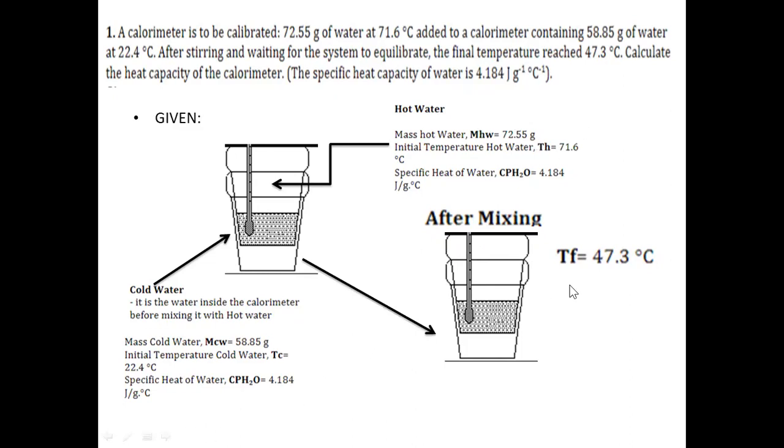So we're going to use 47.3 degrees Celsius for the mixing temperature or final temperature of both mixtures. Now, note, for calculating the heat capacity of the calorimeter, that the initial temperature inside the calorimeter is always the same as the initial temperature of the substance inside the calorimeter, which is the cold water.